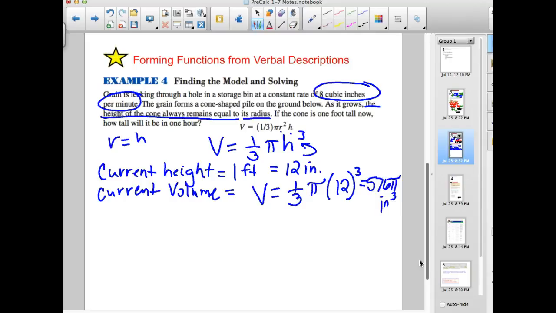All right, so we know the current stuff. What's the current height? What's the current volume? Now we have to look at what happens during that hour. Okay, how does volume change during that 1 hour? They told us it's going up by 8 cubic inches per minute.